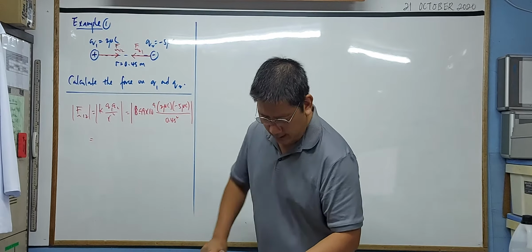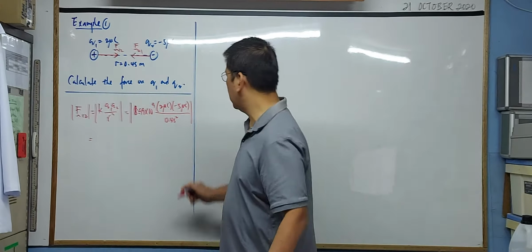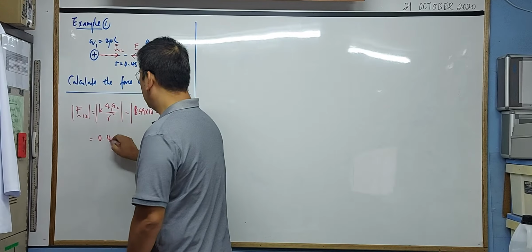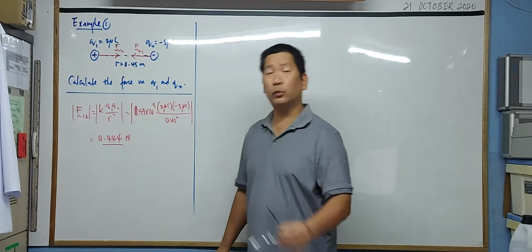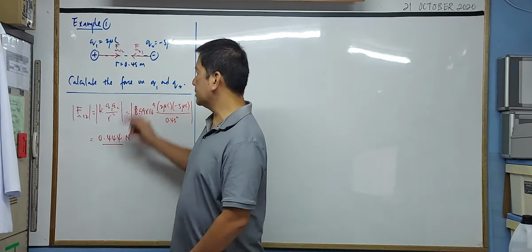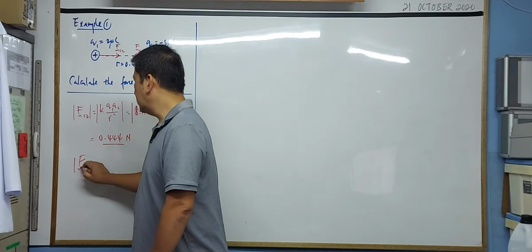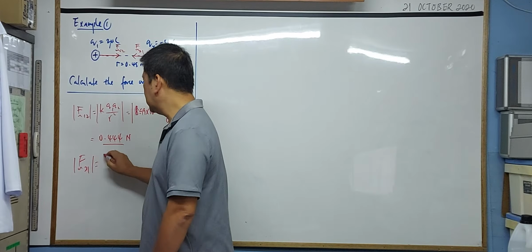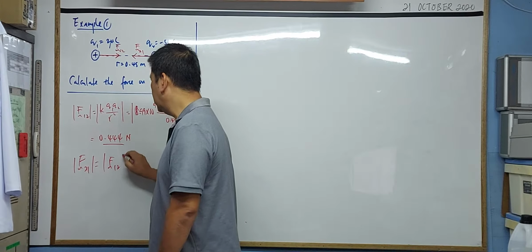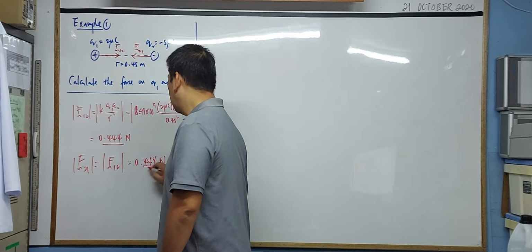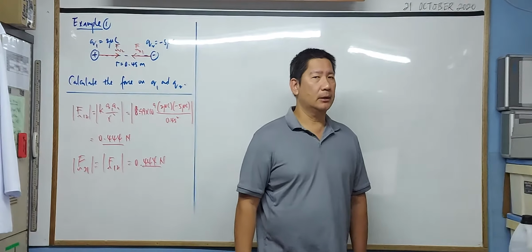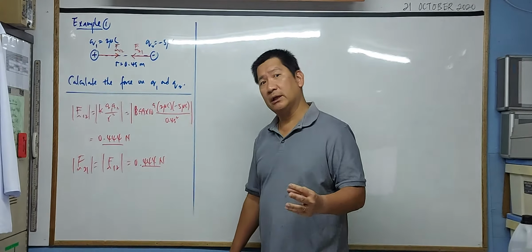Okay, so the answer is 0.444 Newton for F12. But F21 is also the same magnitude. So the magnitude of F21 is equal to the magnitude of F12, which is also equal to 0.444 Newton.